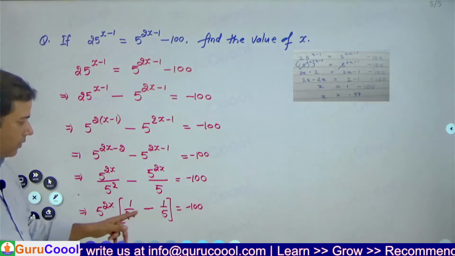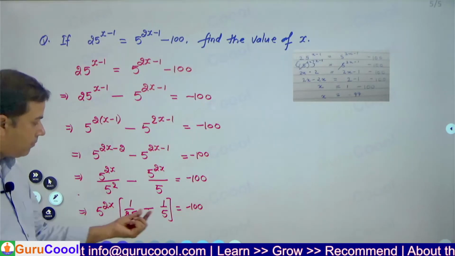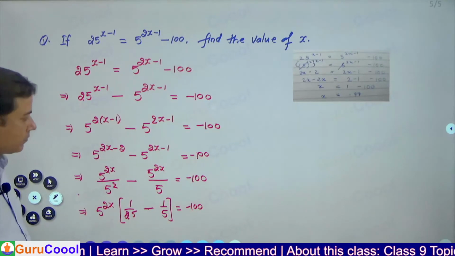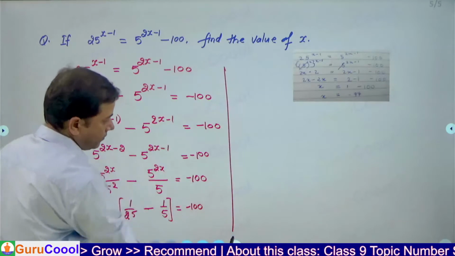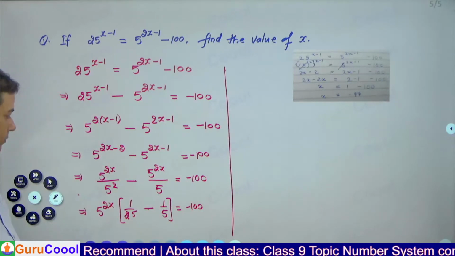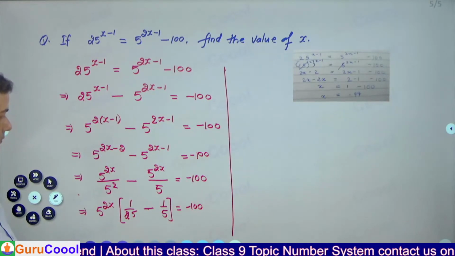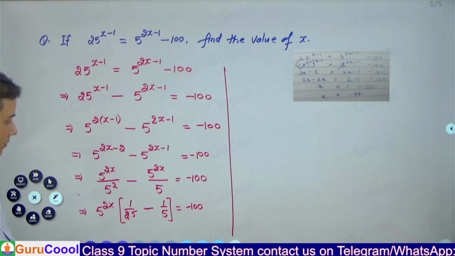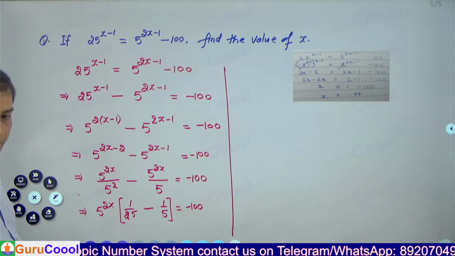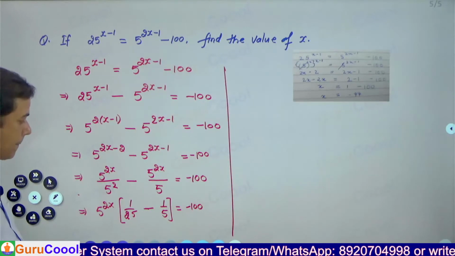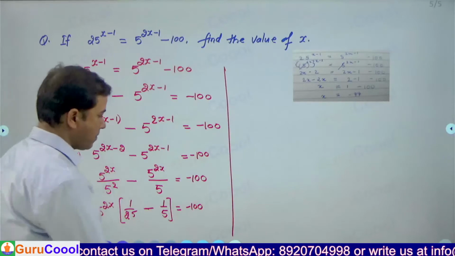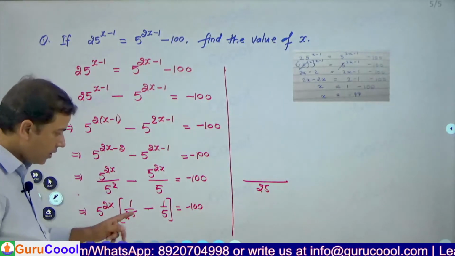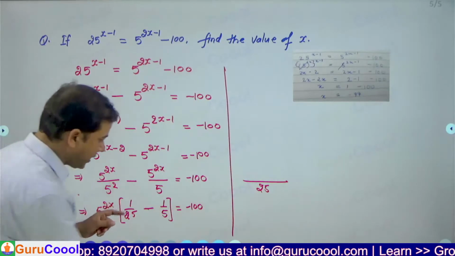Now we'll take the LCM. 25 is the LCM. And what do you think we'll get if we subtract? 25 ones are 25, so 1 times 1 is 1.